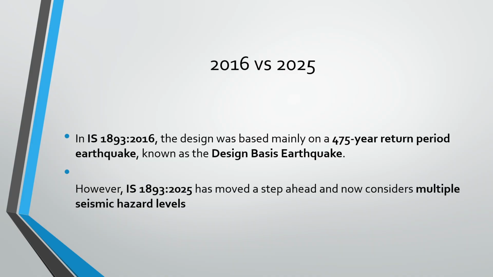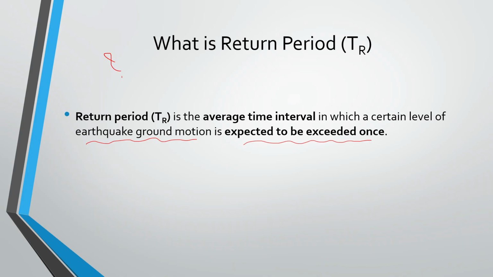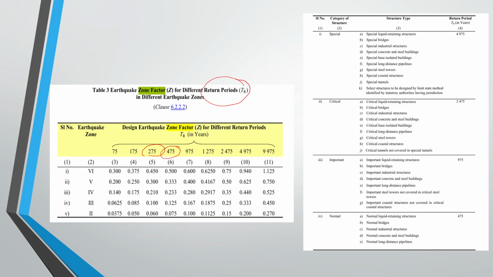Before that, I have shown you different return periods. If you particularly look at buildings, it is 4975, 2475, 975, 475. These are different return periods mentioned in the 2025 code.